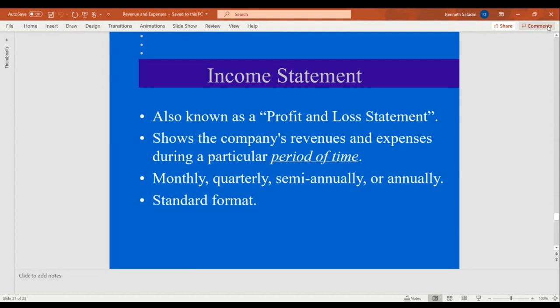And income statements generally are provided to us in a standard format. So let me go ahead and show you an example of an income statement. Give me a second here.